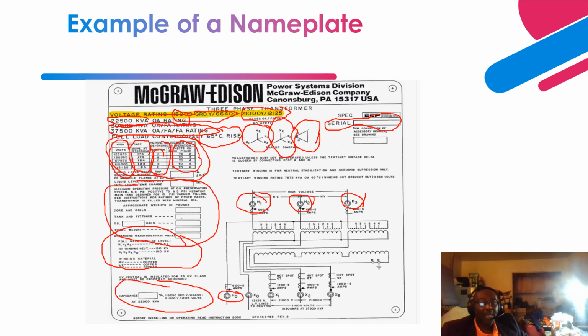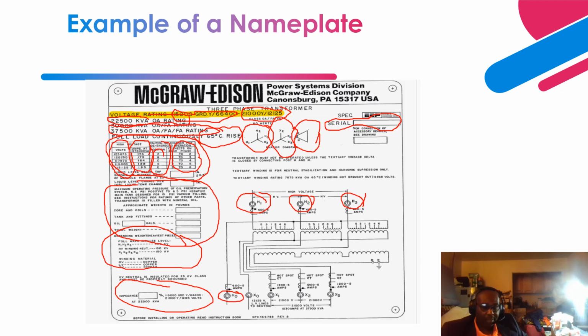It's a turret. Okay, so as you can see over here, like I made mention, this transformer's high side is connected in the Y configuration and the neutral is grounded over here. Then the low voltage side, the first secondary winding, is also connected in a Y with the neutral grounded, right?